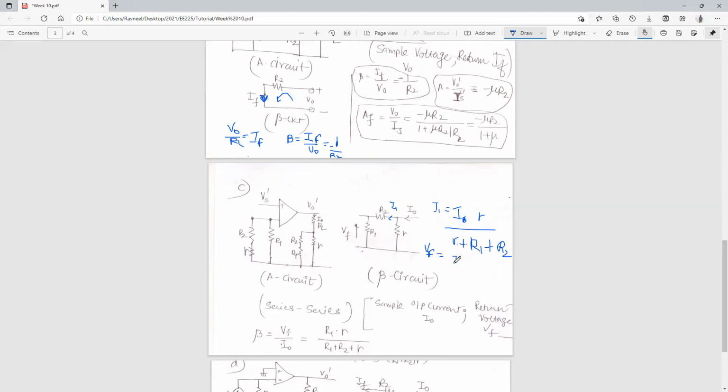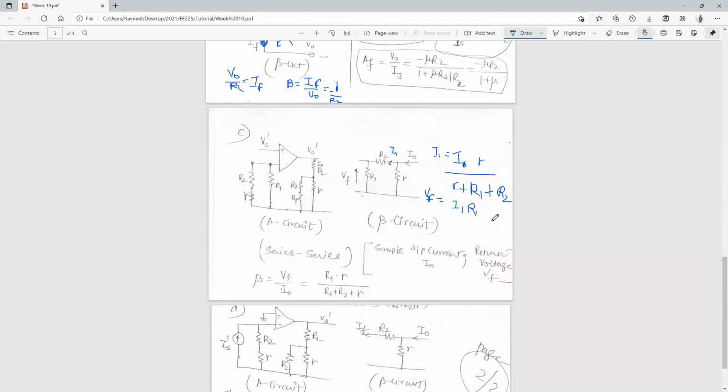So if you substitute in place of I1 this whole function, it will become I0 multiplied by R multiplied by R1 upon the total resistance.